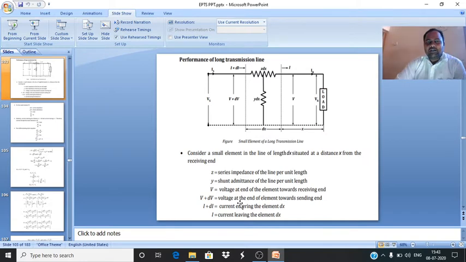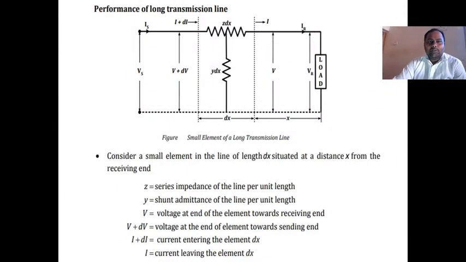So now we discuss the long transmission line derivation. How can we find out the ABCD parameters for long transmission line? So the performance of long transmission line, please observe the diagram carefully.